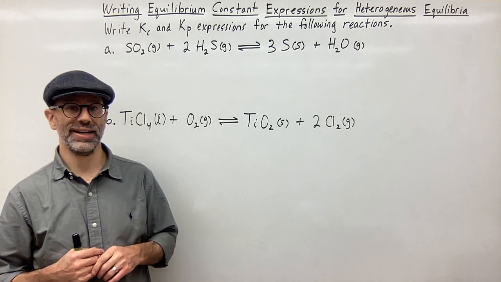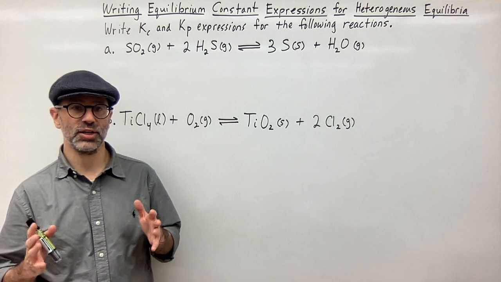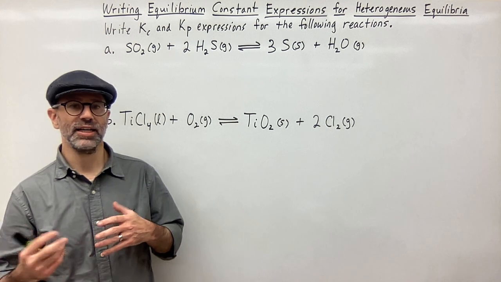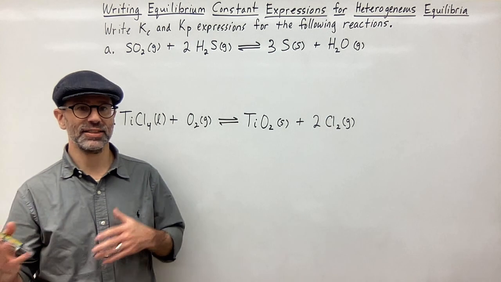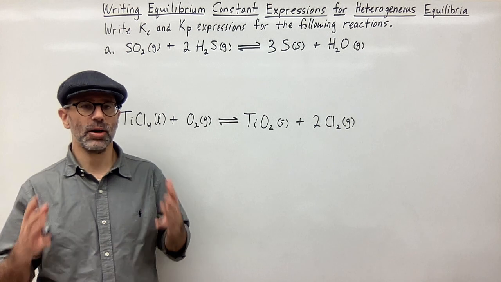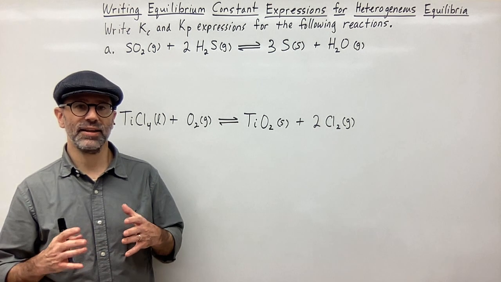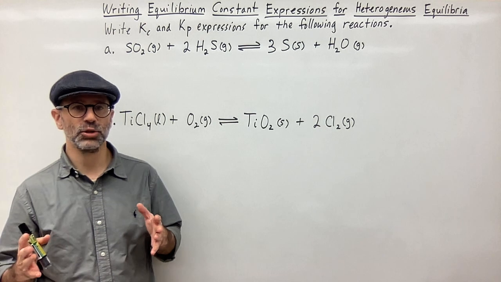That's why we call it a heterogeneous equilibria, where you have an equilibrium reaction with gases maybe mixed in with solids and liquids or aqueous. So when you have solids or liquids as part of your equilibrium reaction, that is considered a heterogeneous equilibria.